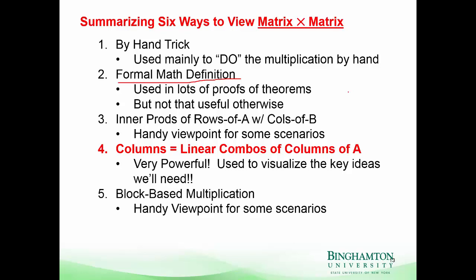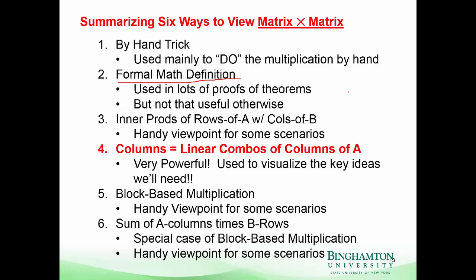We've got the block-based multiplication view, pops up sometimes, and then we have the sum of A columns times B rows, and this also shows up sometimes. So later in the course, when we talk about eigenvalue decompositions and singular value decompositions, this viewpoint, or at least a little bit of a generalization of this idea, will show up, and it's kind of an interesting viewpoint.